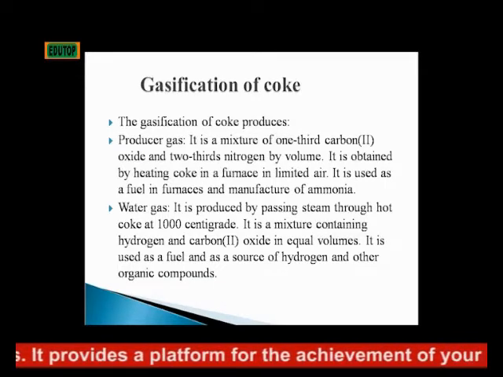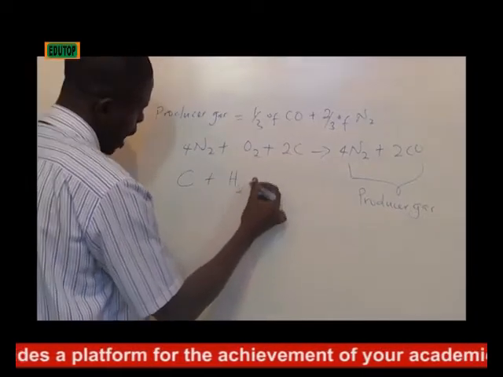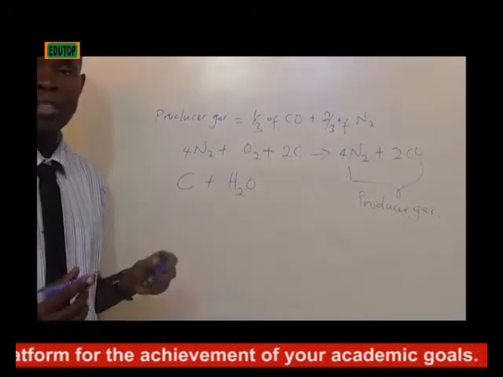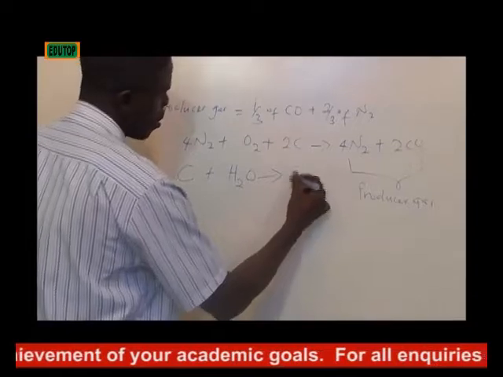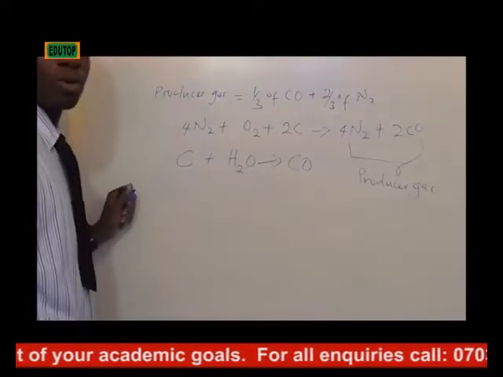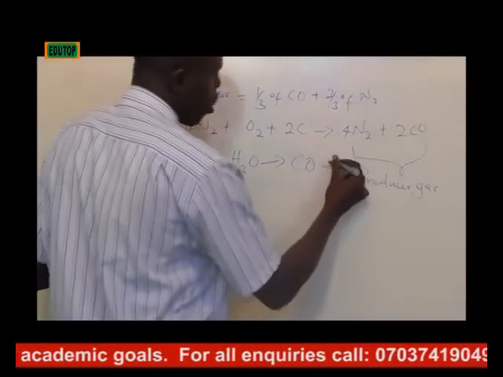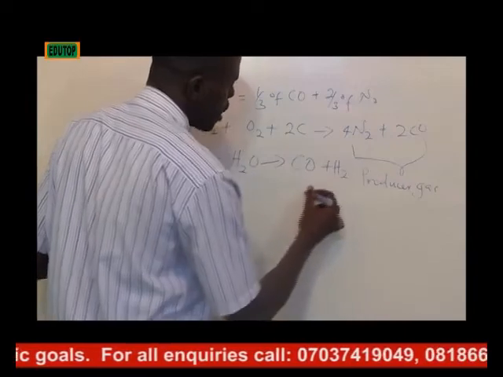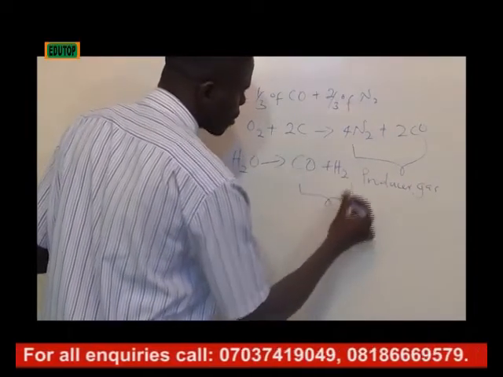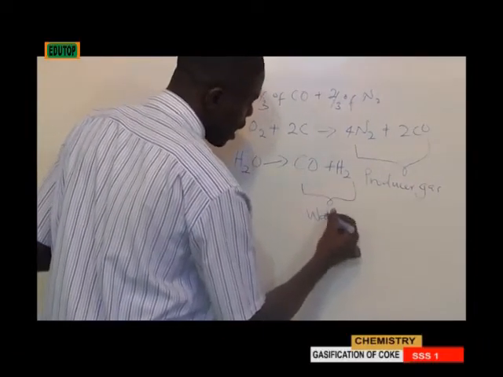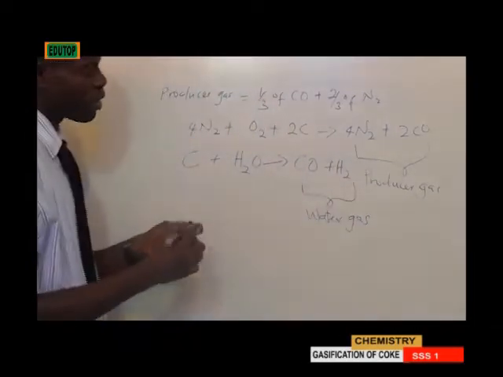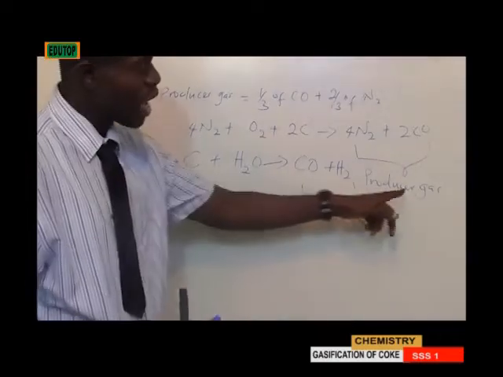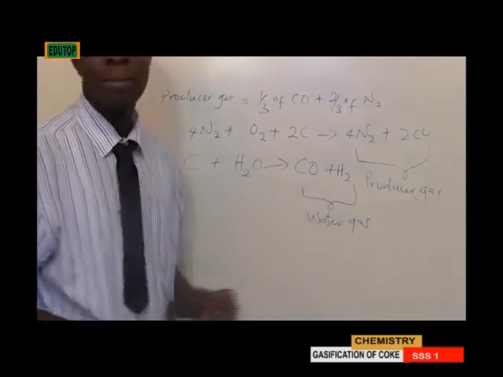When you pass coke into steam at the temperature of 1000 degrees centigrade, what you have is carbon 2 oxide plus hydrogen gas, and this is what is known as water gas. You can now see the difference between producer gas and water gas.